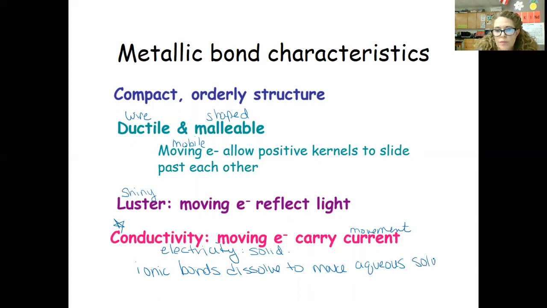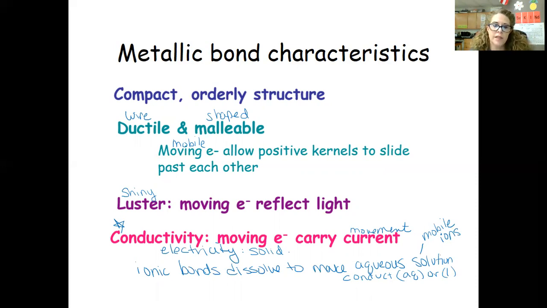Solution, S-O-L-U-T-I-O-N. And those conduct electricity as an aqueous solution or in the liquid phase. And that's not because of mobile electrons, that is because of mobile ions. Those charged particles are free to move.